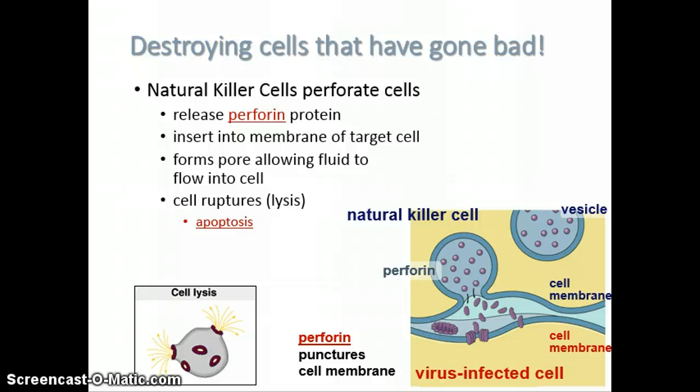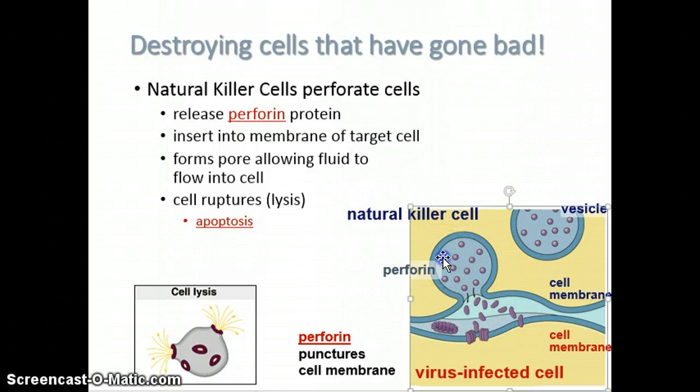Natural killer cells, again, the way that they work is that they release perforin, which perforates cells. Perforin is a protein that is found within a natural killer cell. This is the natural killer cell, this larger one here, and it has a vesicle containing perforin. The perforin will then go into the infected cell and cause it to have holes made in its cell membrane.